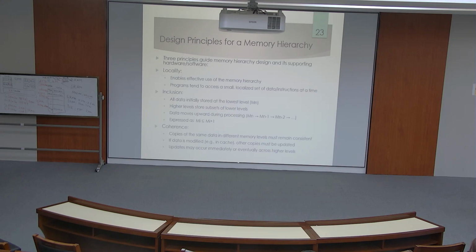expressed as MI is less than or equal to MI plus 1. Third, we need to talk about coherence, cache coherence. This is very important when considering cache memory or the different levels of memory. When we copy the same data in two different memory levels, these copies need to be consistent to make sure that we have updated data in the memory system.